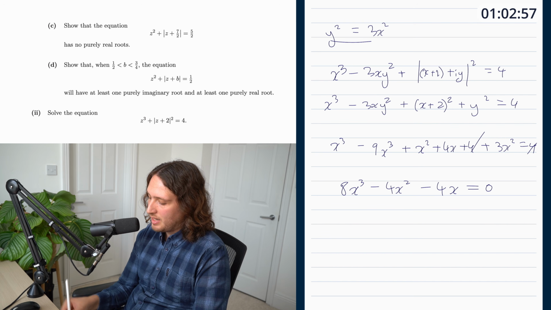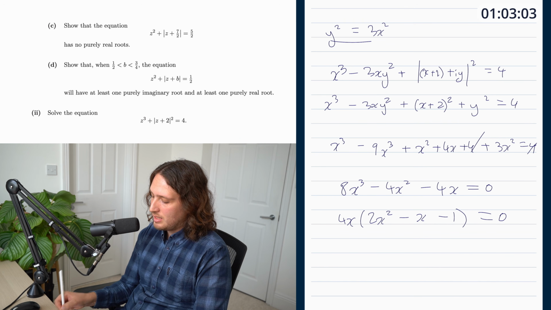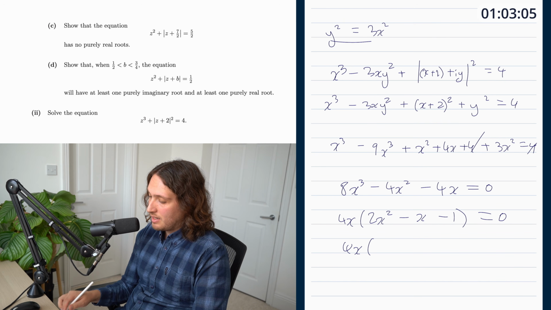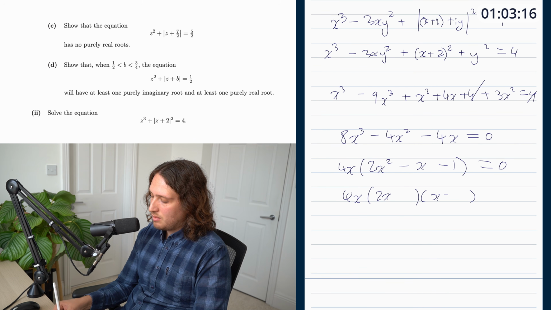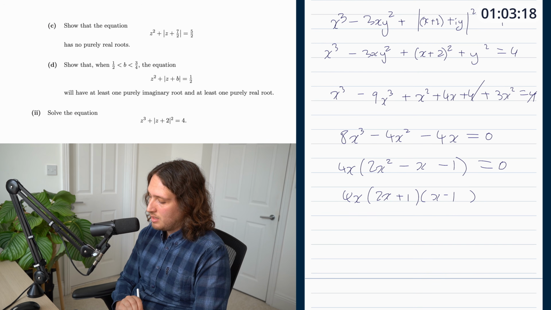Yeah, so I can pull off a 4x. 2x squared minus x minus 1 is 0. That factorizes to give me 2x minus 1 and x plus 1.